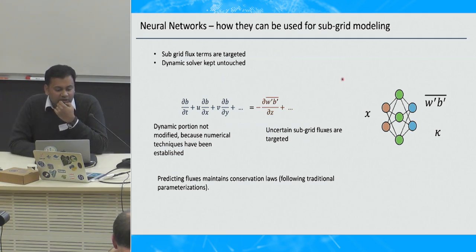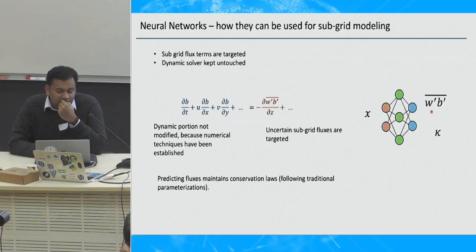And the way neural networks can be used in subgrid modeling is by following the traditional approach, as in, you have some inertial terms or some evolution terms, and on the right hand side you have these subgrid terms. If you make neural networks learn these subgrid terms, then you're still following the framework of maintaining conservation laws, and this is the way traditional parameterizations have been formulated.